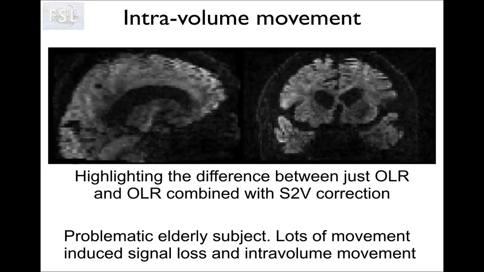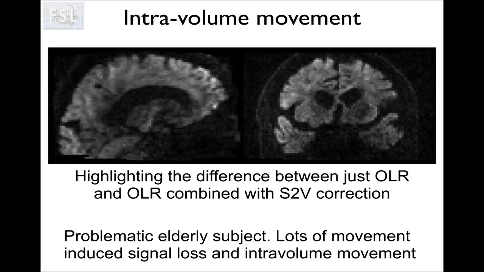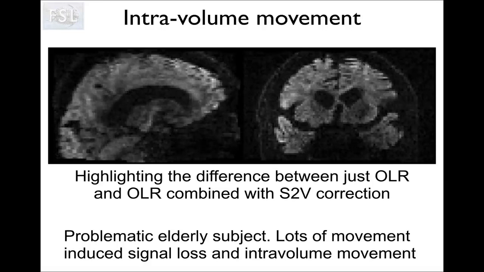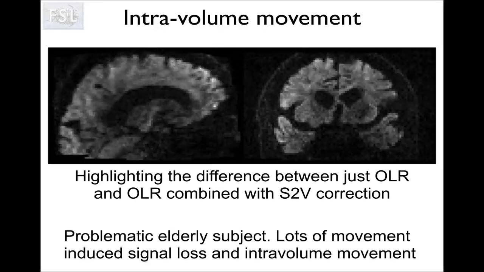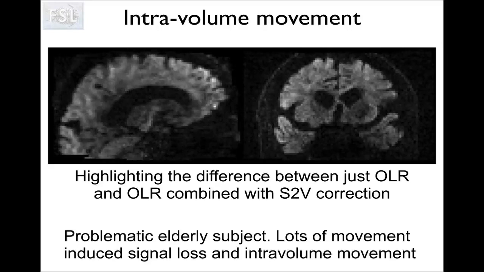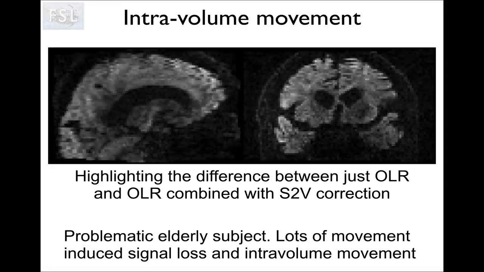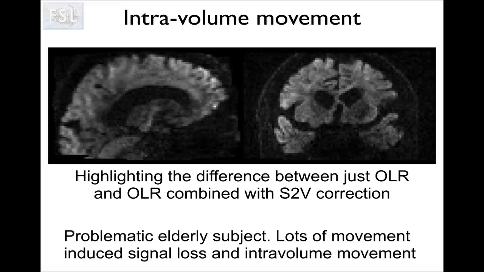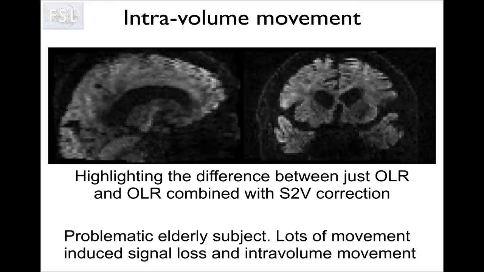And this is just showing one of these volumes where we have intra-volume movement, and where we're correcting this just to show that we're not actually just making up data. We are really moving data from the place where it is to the place where it should be.